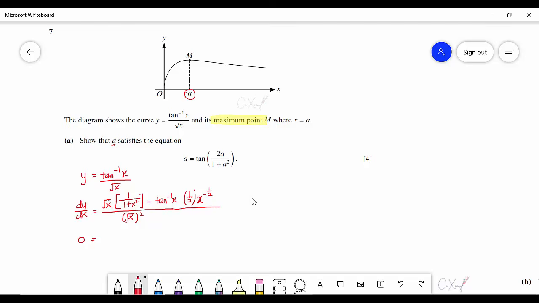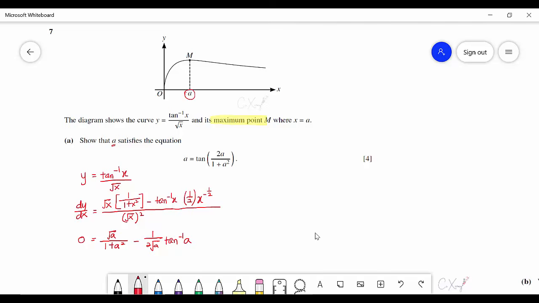So I will only focus on the numerator. For the numerator, I will have square root A divided by 1 plus A squared, then minus 1 over 2 square root A, and then tangent inverse A. So when you substitute the value A and let dy dx equals 0, eventually you are able to get this.